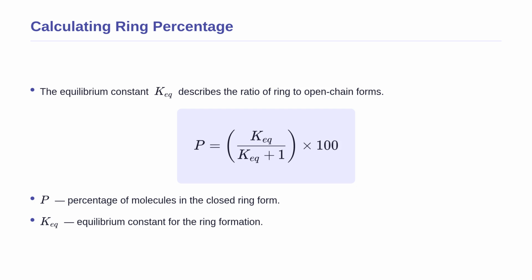This formula converts that equilibrium ratio into a straightforward percentage. By taking KEQ, dividing it by KEQ plus 1, and multiplying by 100, we find the exact proportion of closed rings. When KEQ is a large number, this fraction gets very close to 1, meaning almost all molecules have folded into stable rings.